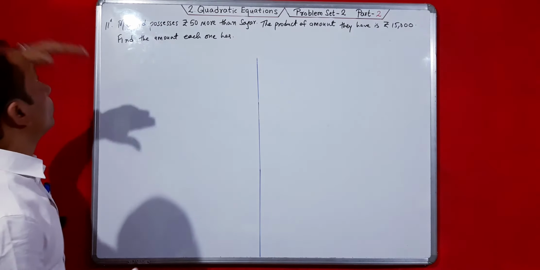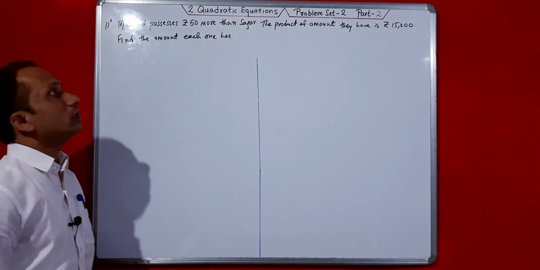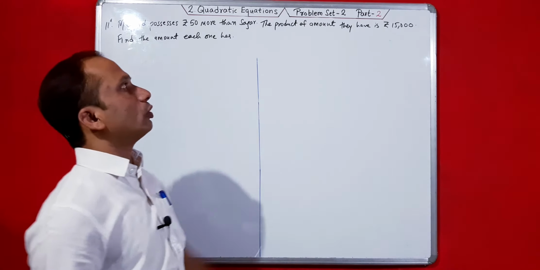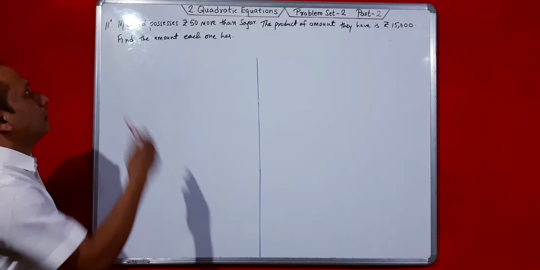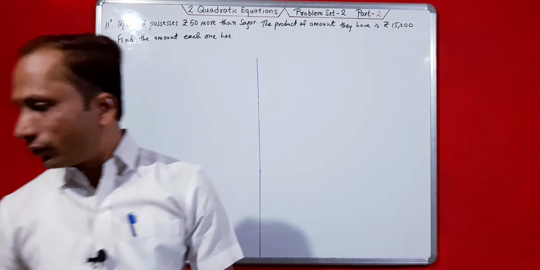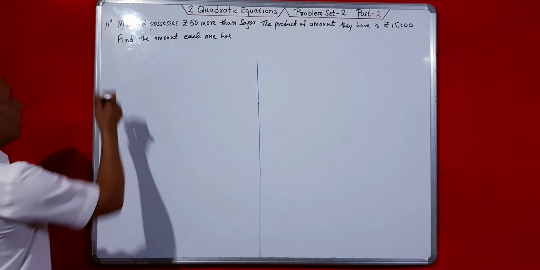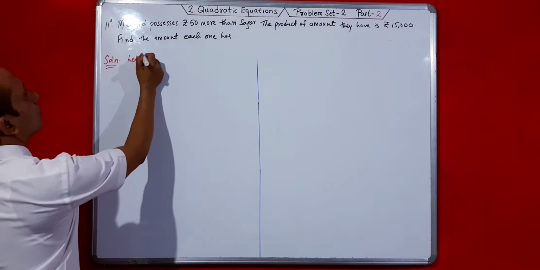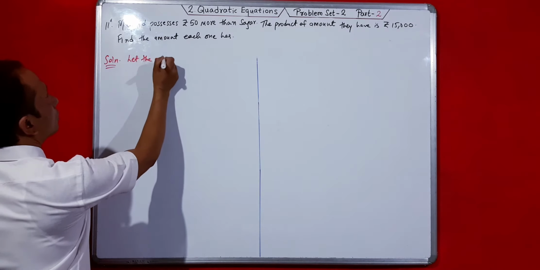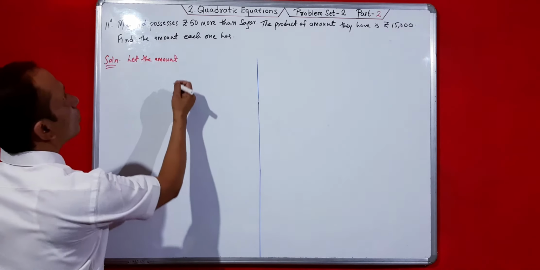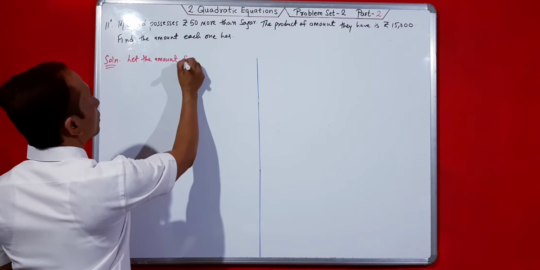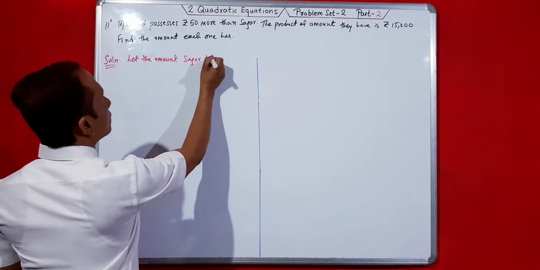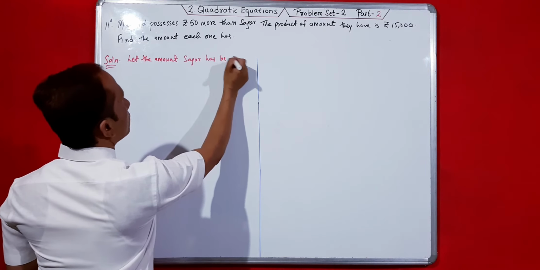In this question, Mukund has rupees 50 more than Sagar. The product of the amounts they have is rupees 15,000. Find the amount each one has. Okay, we'll solve this. Let Sagar have rupees x.